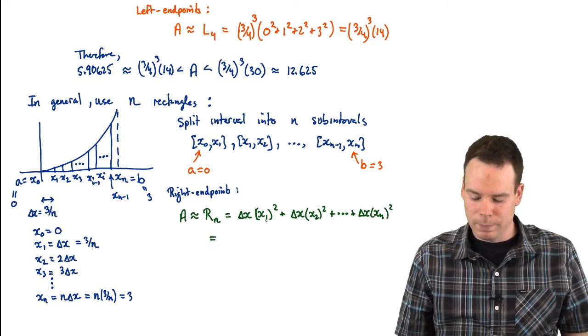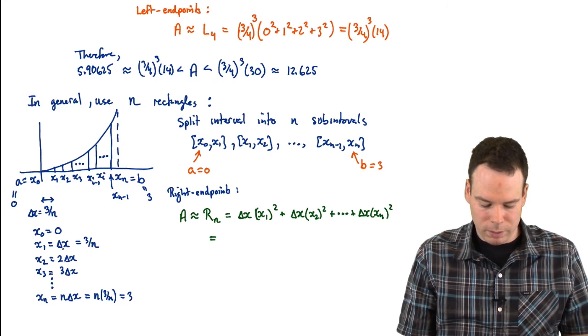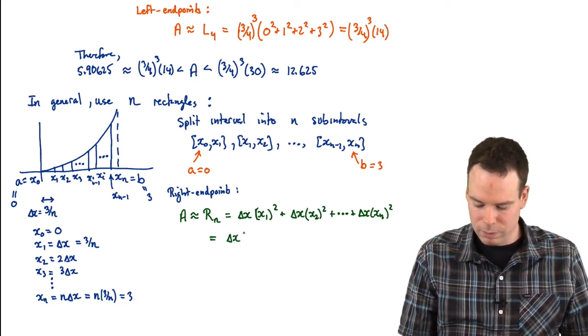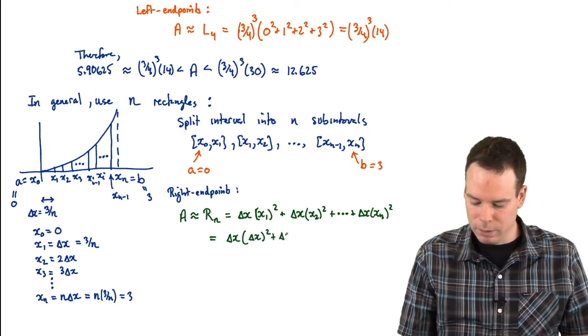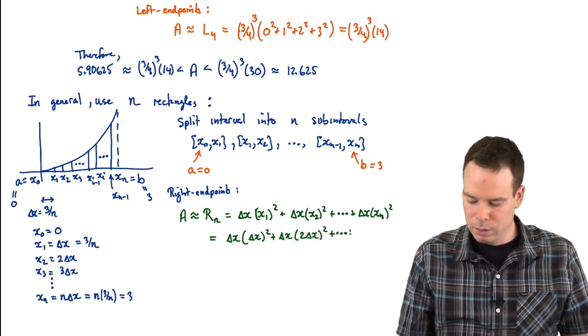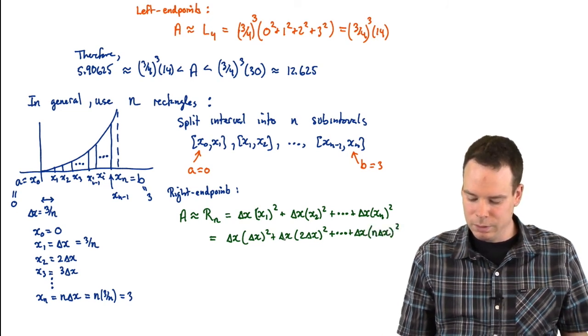What is x1? Well, we found that to be delta x. x2 was 2 delta x, so a lot of this stuff simplifies down. That's a delta x times delta x squared, that's a delta x times a 2 delta x squared, plus all the way up to delta x times n delta x squared. I've got all these delta x's.